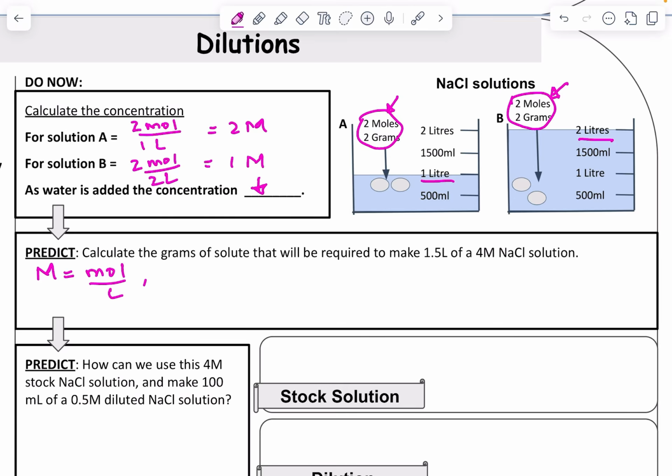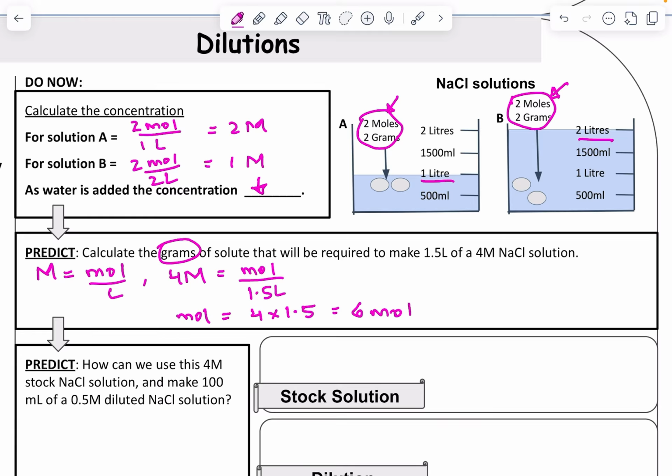So if I plug in the things that are given to us, we have a 4 molar solution. We are looking for the number of moles, and we have 1.5 liters of the solution. So to calculate moles, we can multiply 4 times 1.5. That gives us about 6 moles.